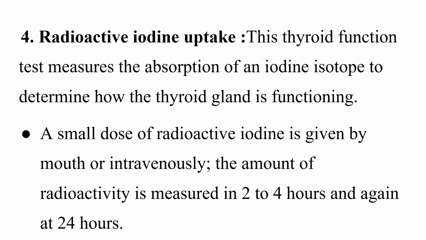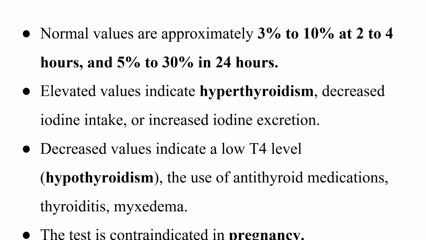Now we're saying that for this particular test, radioactive iodine uptake, it should never be performed on pregnant women. Why? Because studies have found that radiation has teratogenic properties that can cause deformity in the developing fetus.